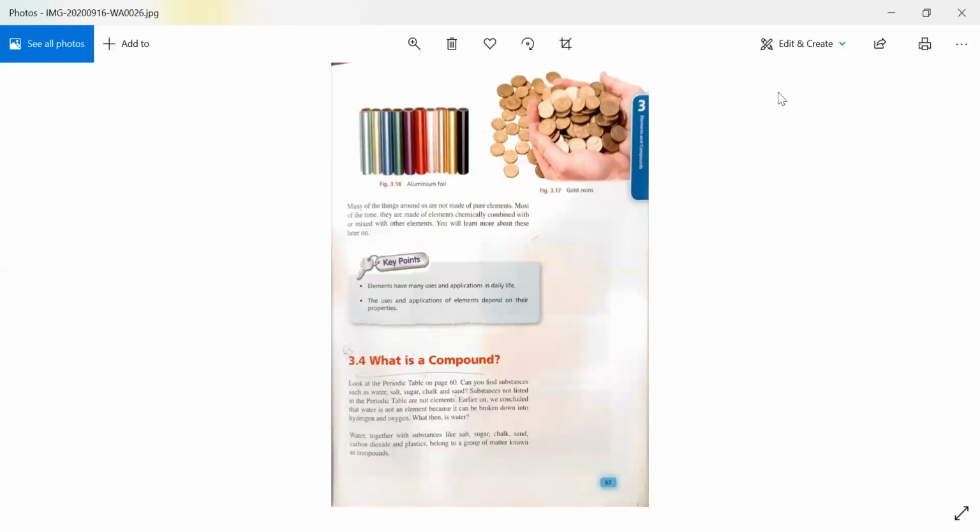Beta, when something is made of more than one element, what do we call it? Compound. Okay, so we can say that water is a compound because it is made of two elements: two atoms of hydrogen and one atom of oxygen make the compound water. I hope page number 63 is also clear to you all.